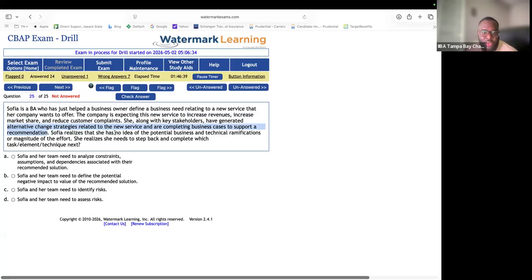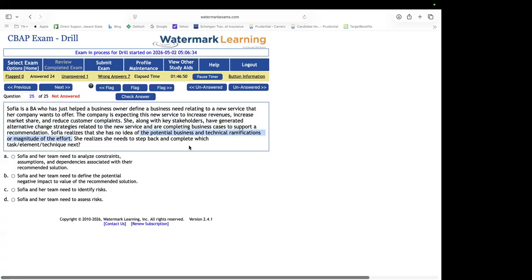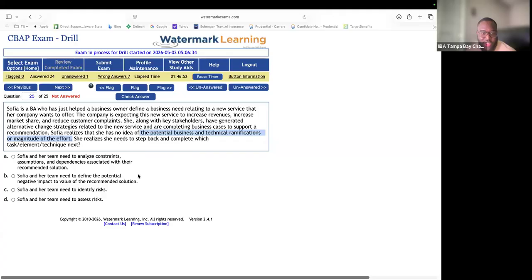Then Sophia realized that she has no idea of the potential business or technical ramifications or magnitude of the effort. So she has no idea of the risks. Yeah. So what she needs to do is assess the risk or identify the risk.